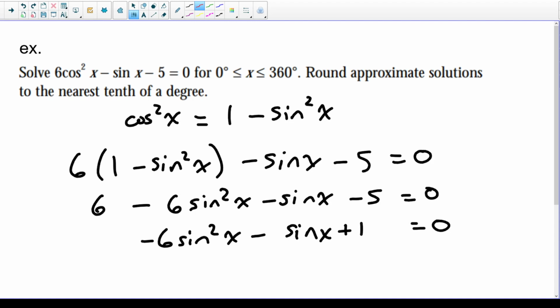Yeah, so you can't work with a cos x and a sine x in an equation like this. So you use the identity to write everything as sine squared x and sine x. And then you try to write it as a quadratic. Now, I don't want to have a negative 6 in front of this quadratic.